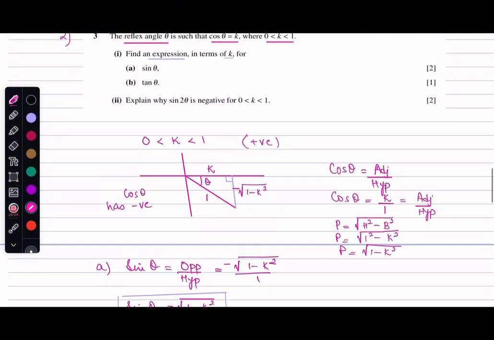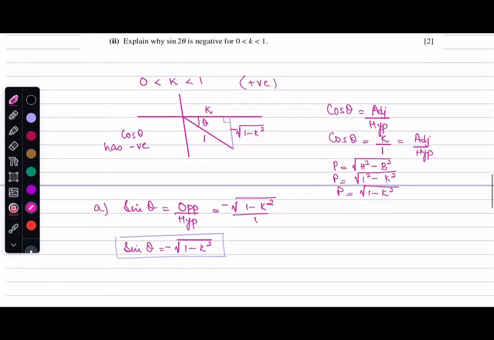Part B is asking for tan theta. Again for tan theta, I shall be making use of the right angle triangle that we have already made. Tan theta is opposite, or perpendicular, over adjacent.